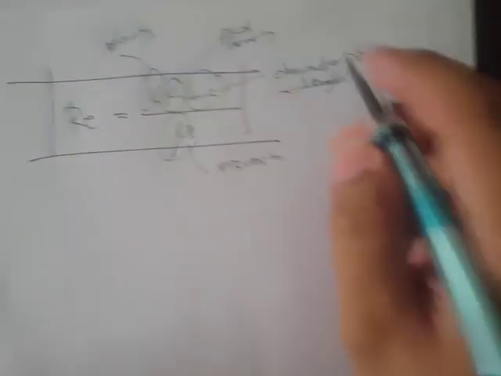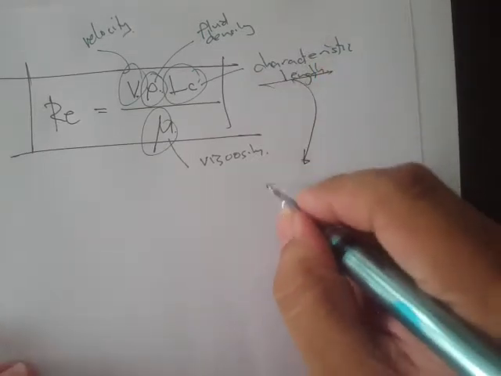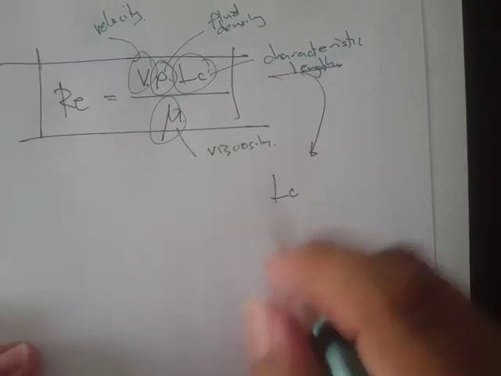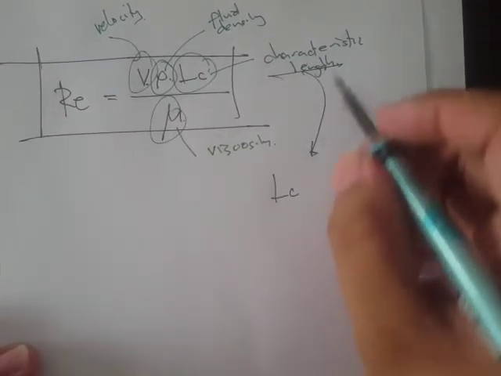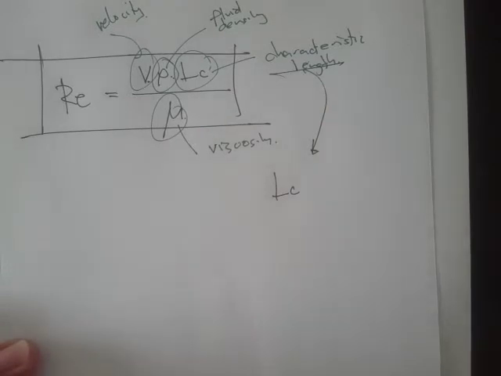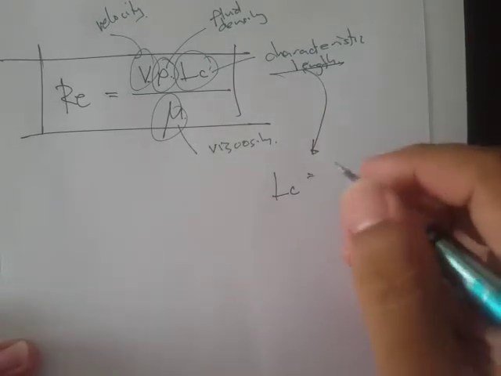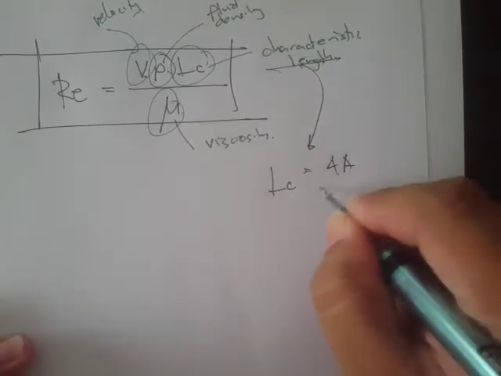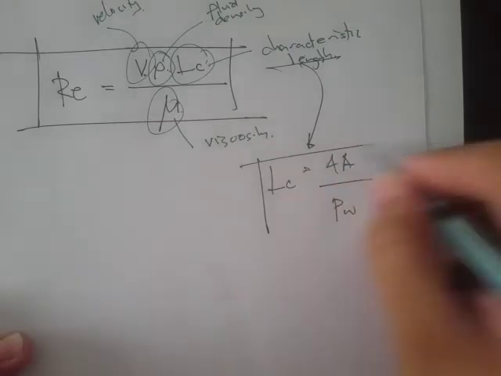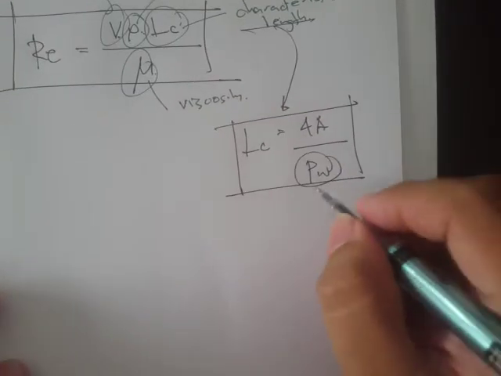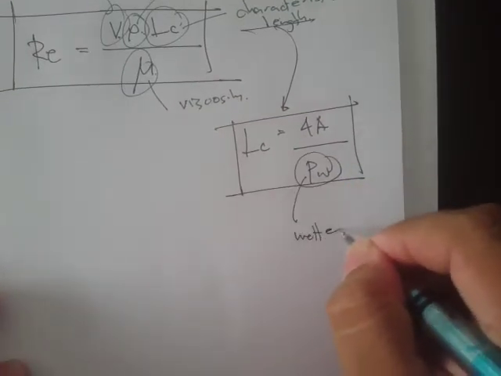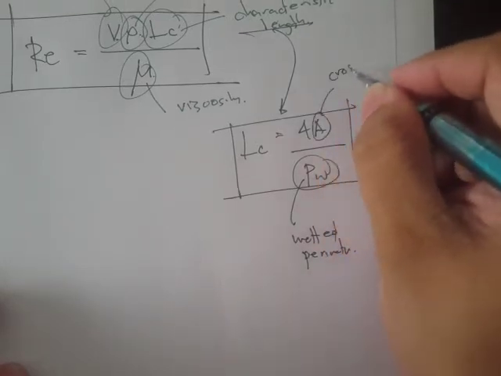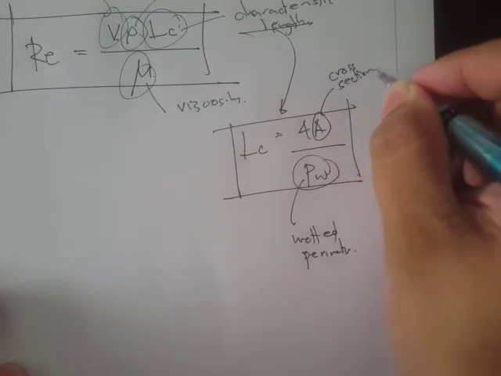Now the characteristic length depends upon the geometry. It's not the length itself, it's the length that characterizes the flow. The equation for this is 4A all over P sub W, where P sub W is referred to as the wetted perimeter, and A is the cross-sectional area.